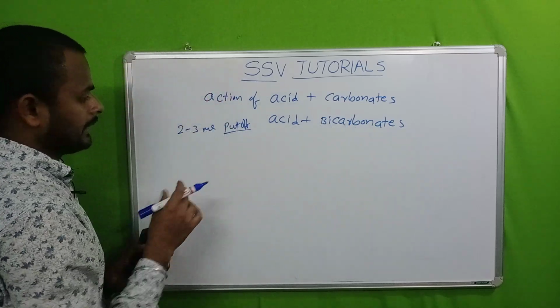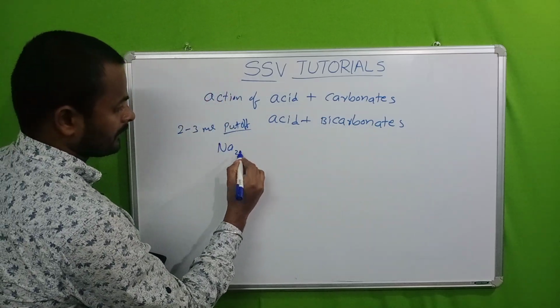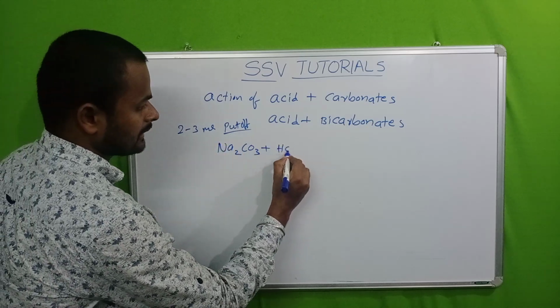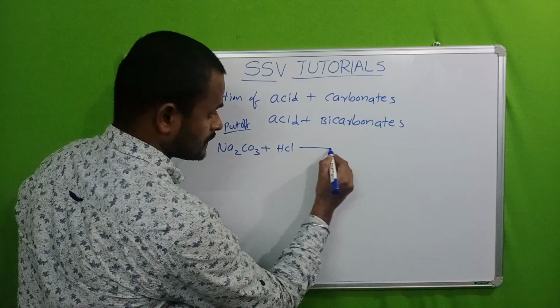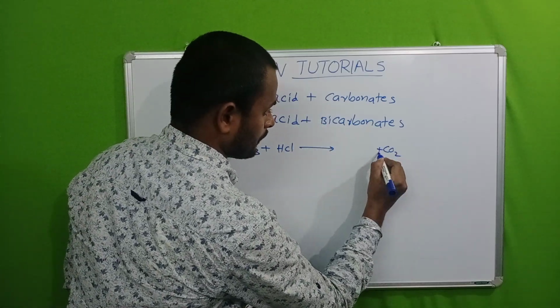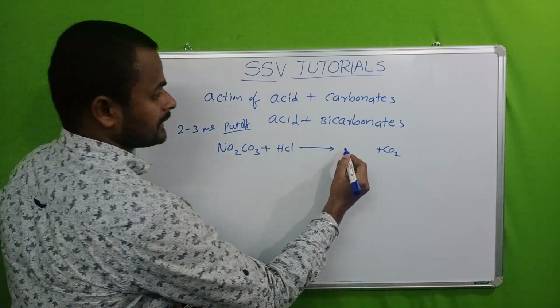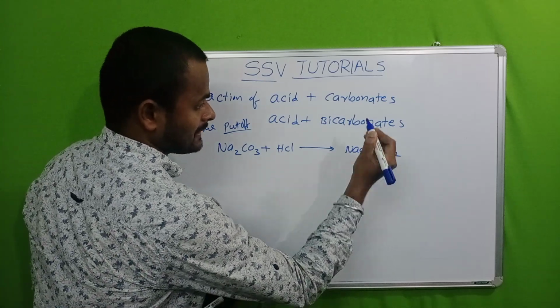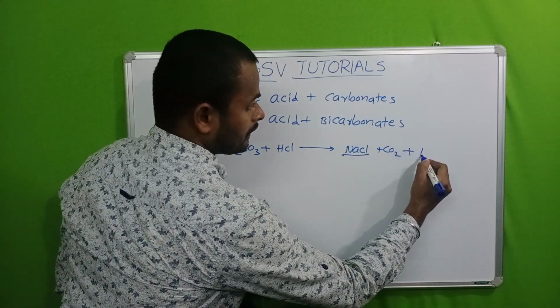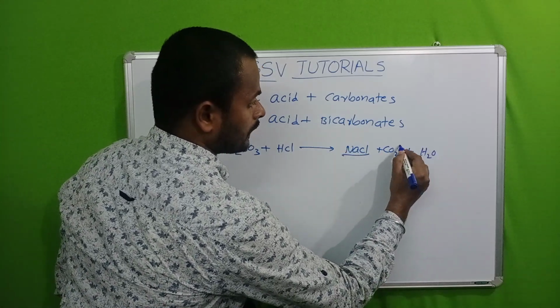So take sodium carbonate, Na2CO3, and with acid HCl, what does it form? We know one of the components is CO2, and the remaining parts are NaCl, sodium chloride, and H2O, water.